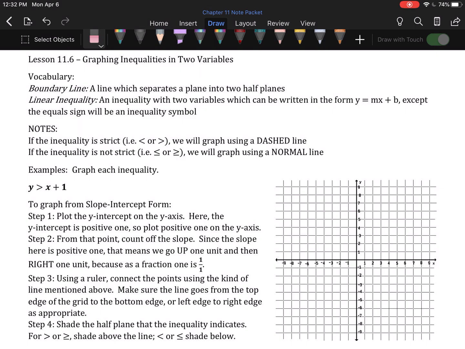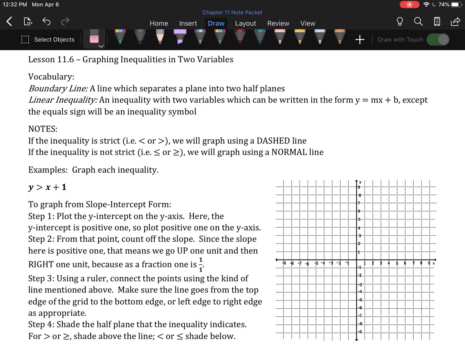So some vocabulary terms: a boundary line is a line that cuts a plane in half. It will not be equal halves in what you see. And a linear inequality is an inequality that has two variables that we can get into the slope-intercept form. Y is something, mx plus b, but it won't be an equal sign here since we're dealing with inequalities.